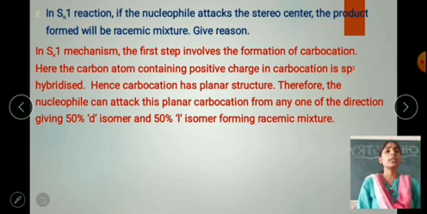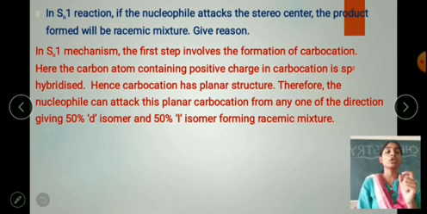The carbocation formed in the first step has an sp2 hybridized carbon atom. Hence, the carbocation will have a planar structure. Therefore, the nucleophile can attack this planar carbocation from any one direction.